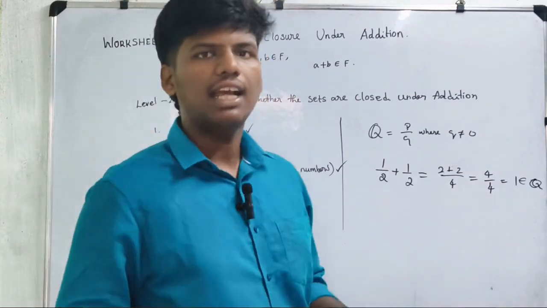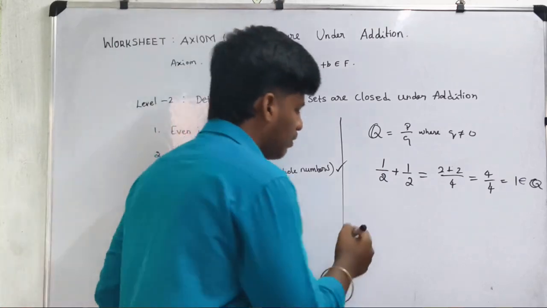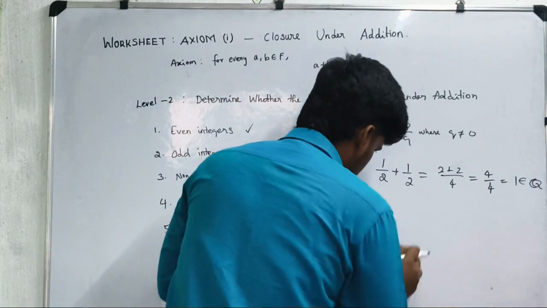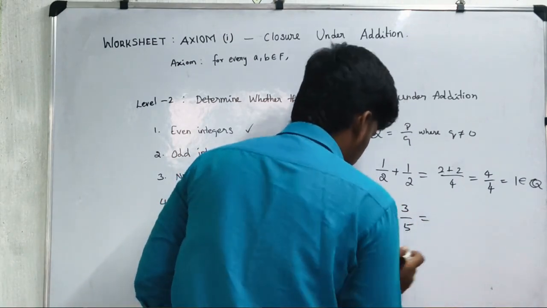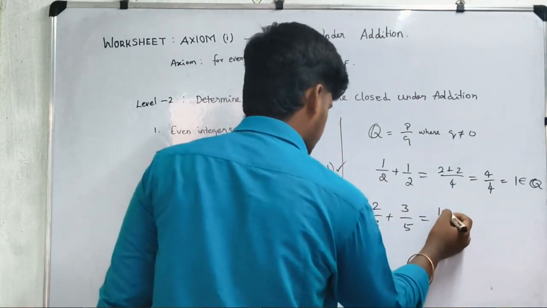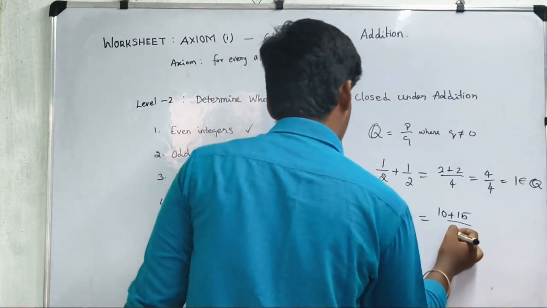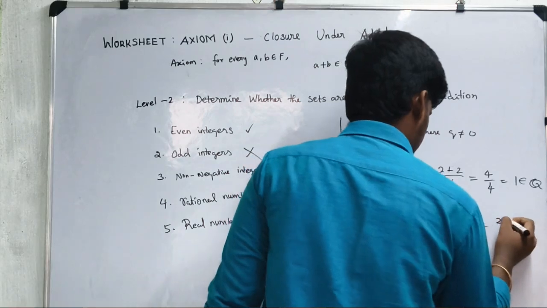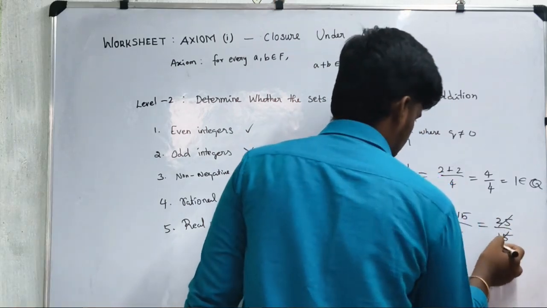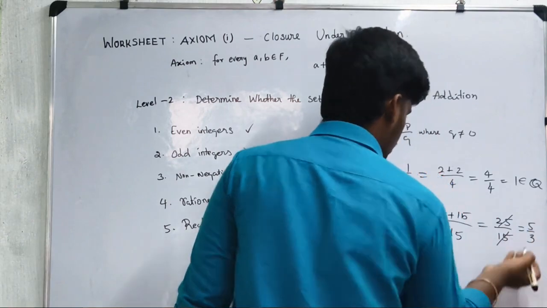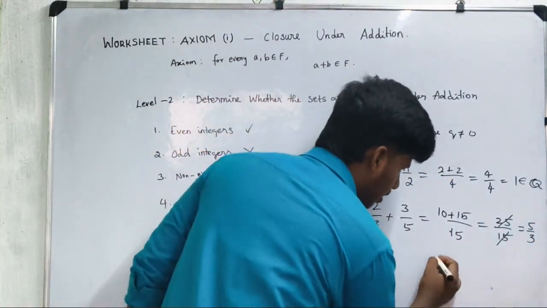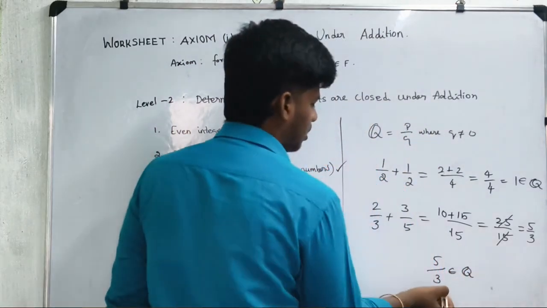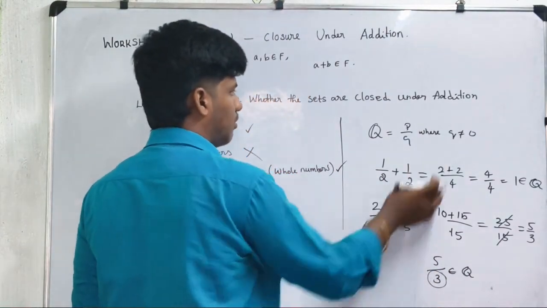I take another two numbers, like 2 by 3 and 3 by 5. Adding them together gives 10 plus 9 over 15, which is 19 over 15, which is also of the form p by q with q not equal to 0.